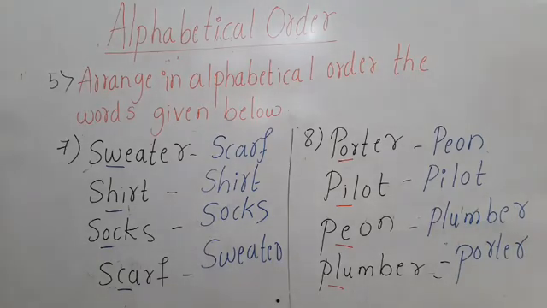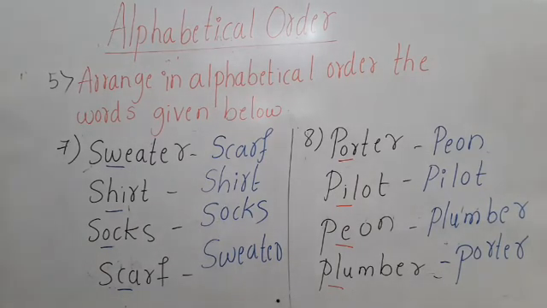So here alphabetical order is the arrangement of the letters of a language in proper order or proper sequence according to the alphabet A to Z. Okay children, according to the alphabet we have to arrange the words in alphabetical order.